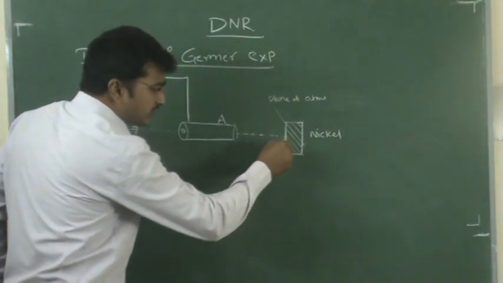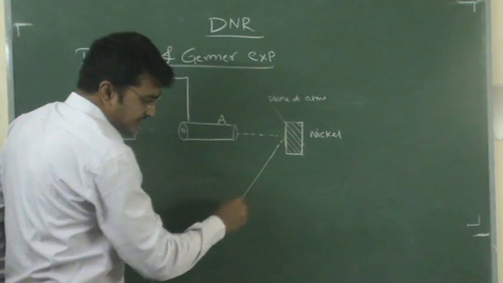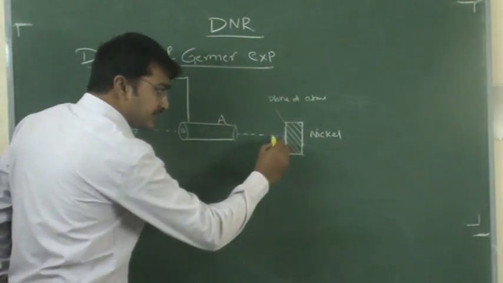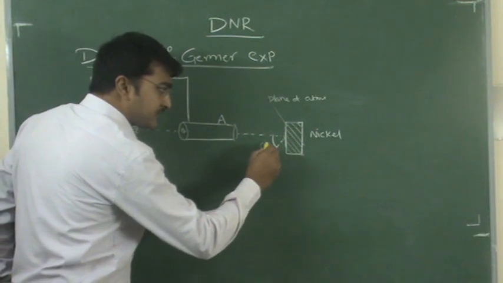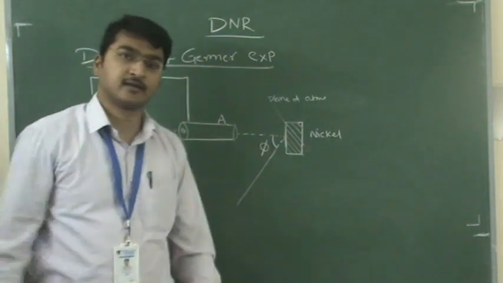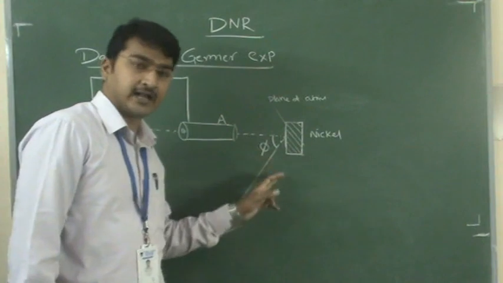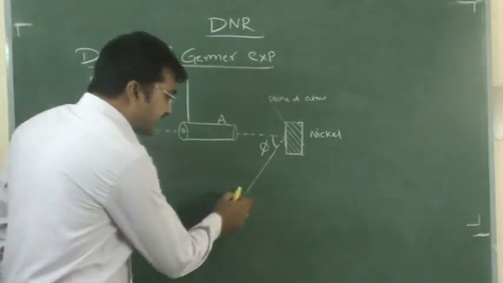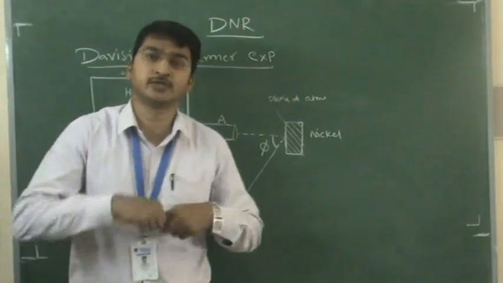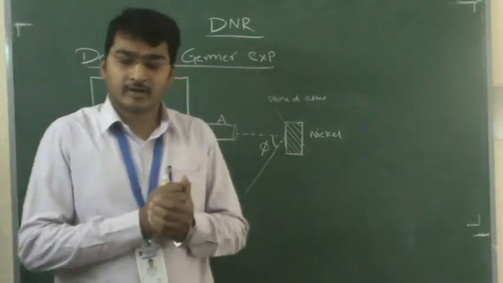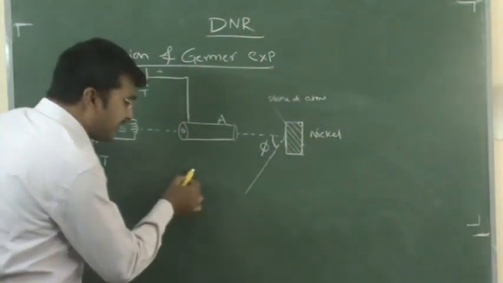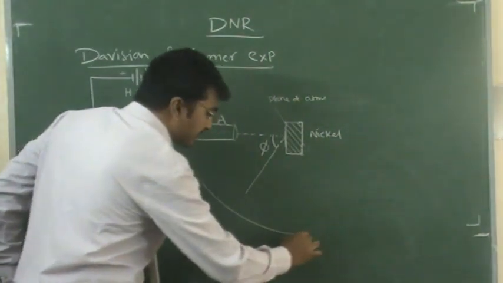Let us assume they are scattered by an angle phi; phi is the scattered angle, or angle of scattering. The scattered electrons are measured by one galvanometer or one microscope, which is placed on a movable scale.